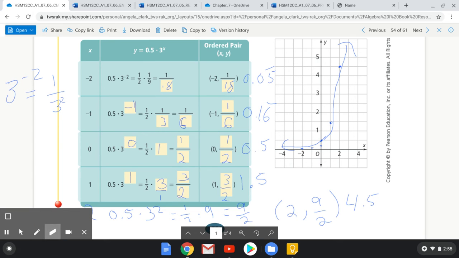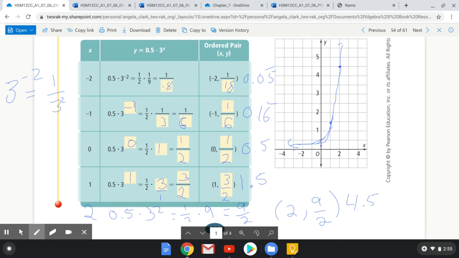Let me try again. Let me see if I can get a little bit smoother of a line. There we go. That's what happens when you're drawing with your finger.